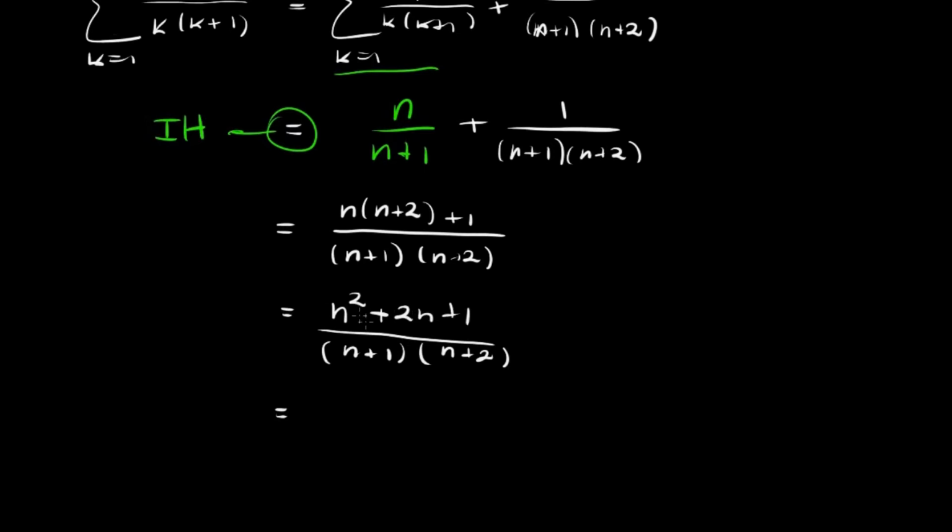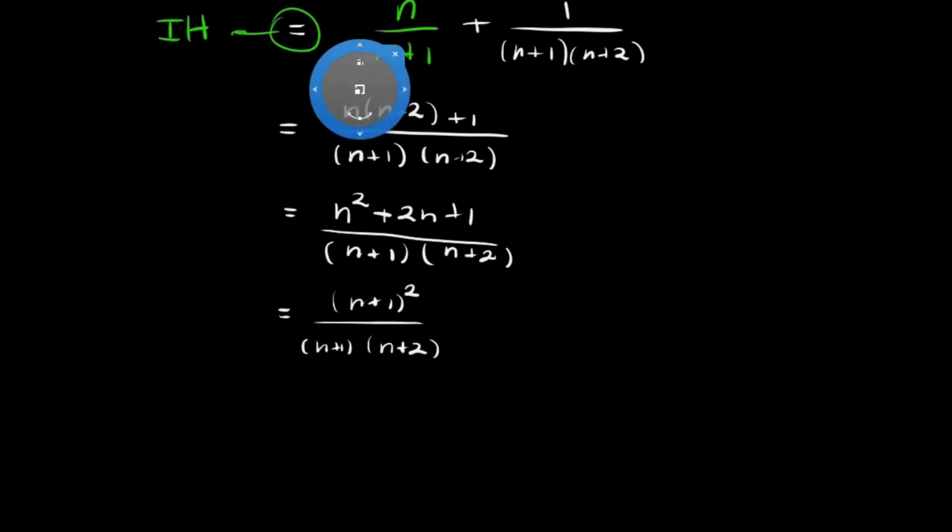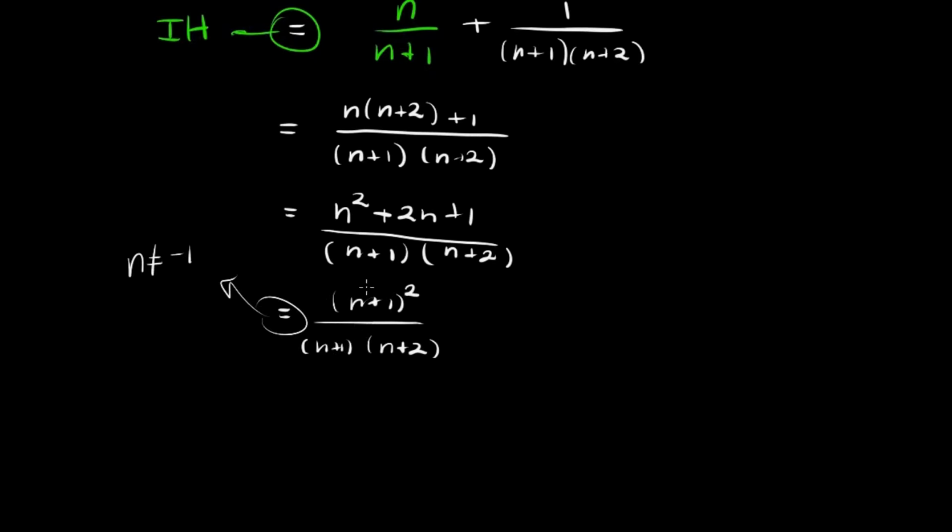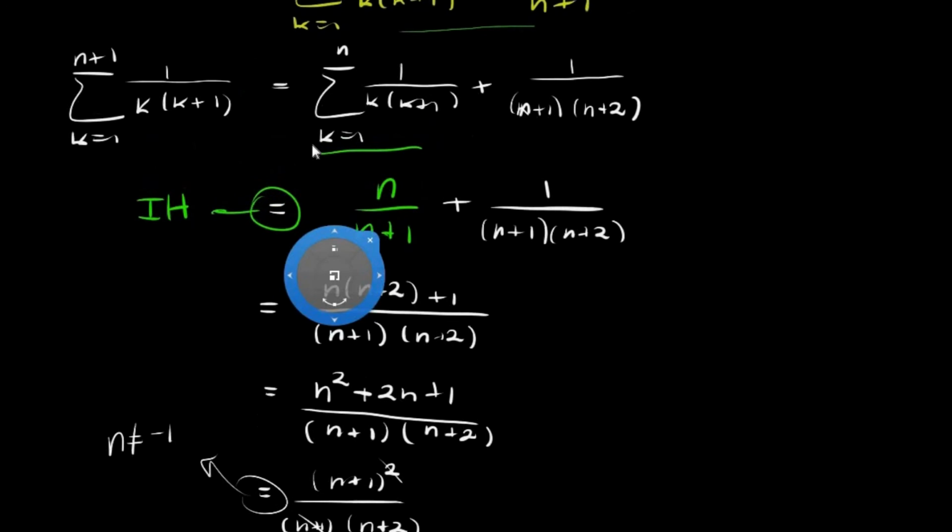Now this thing we have here, this is just n plus 1 squared divided by n plus 1 times n plus 2. Now n is a natural number, so in particular n is different than minus 1, always. So n plus 1 will never be 0, and we can then cancel these two elements, and what we get is exactly what we wanted. Okay, then that's exactly what we wanted to prove.